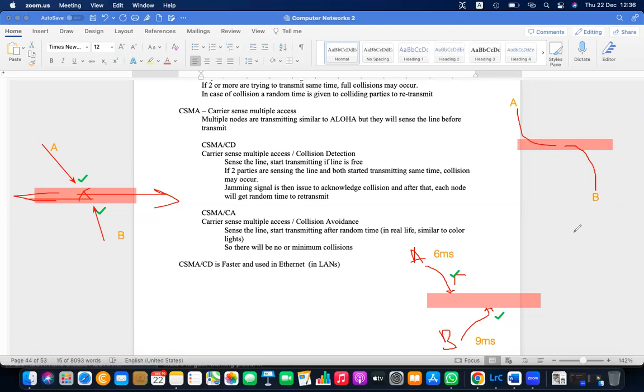That is Aloha. Understood the difference? Yes, sir. Aloha is not sensing the line. Slotted Aloha is basically timed. Slotted Aloha has time in slots. It's not always communicating, it communicates according to the time slots. Okay.